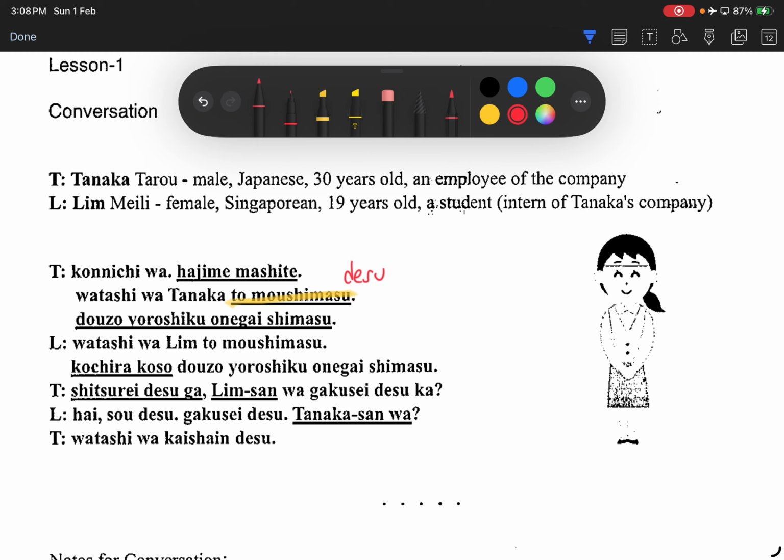Right? どうぞ is like 請. Right? お願いします is like please. So please treat me well. Right? So basically you're just asking for their kindness, for their generosity, like 请见谅, something like that lah. So please forgive me for any mistake that I will make, or please take care of me. Right? Basically in Chinese we say 多多指教 lah, something like that. Okay? 多多指教.